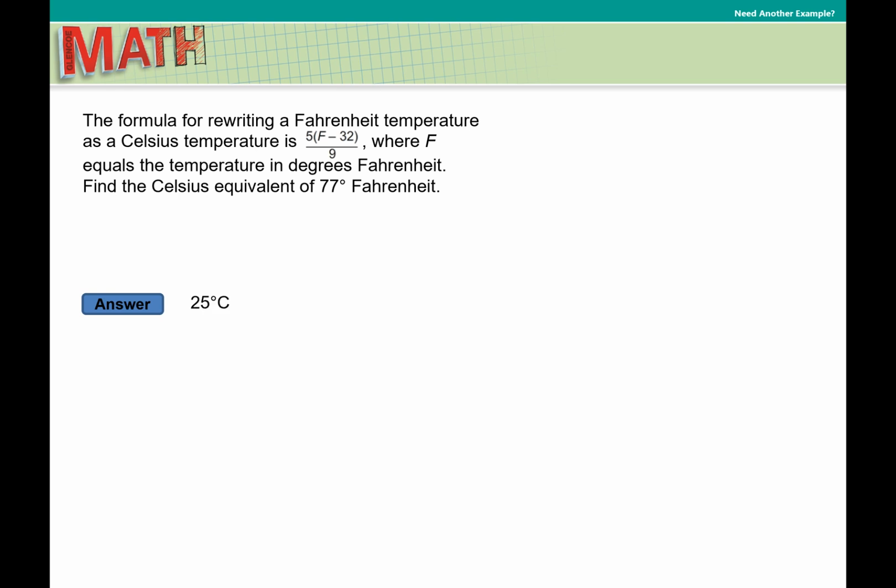Should have gotten the answer of 25 degrees Celsius. C is going to be 5 times (77 minus 32) over 9 degrees.